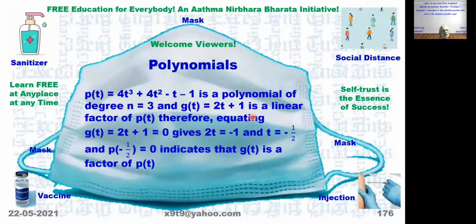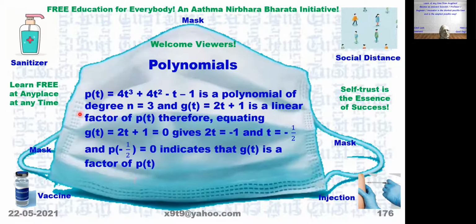Therefore, equating g(t) = 2t + 1 equal to 0 gives 2t is equal to minus 1 and t is equal to minus half. And P of minus half is equal to 0. This indicates that g(t) is a factor of P(t).